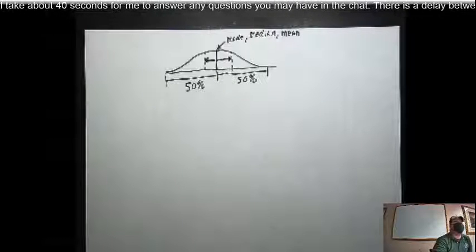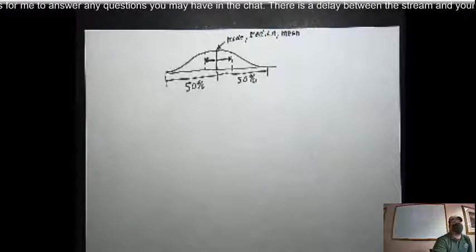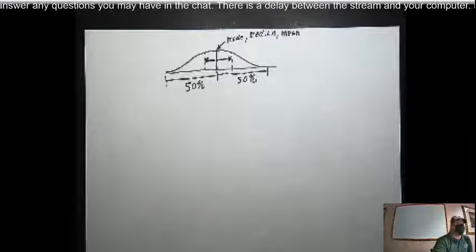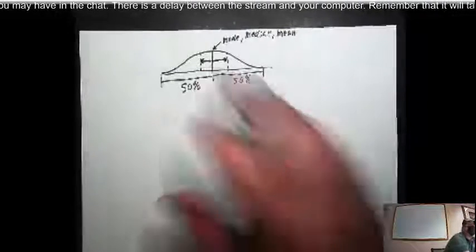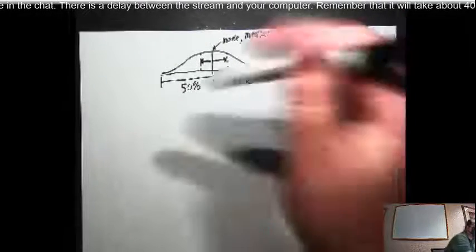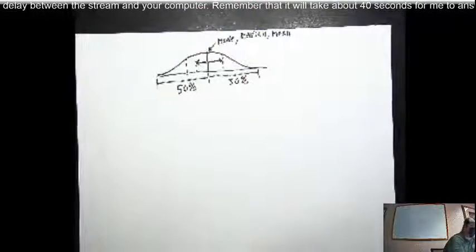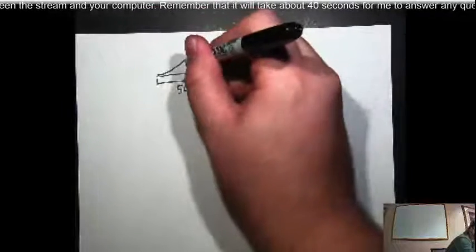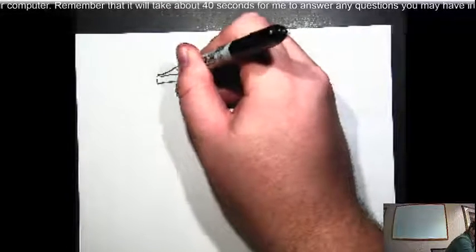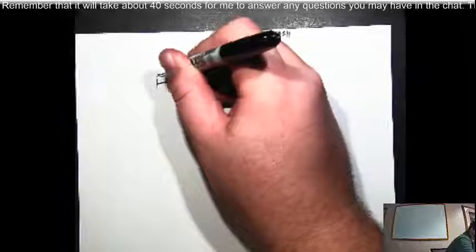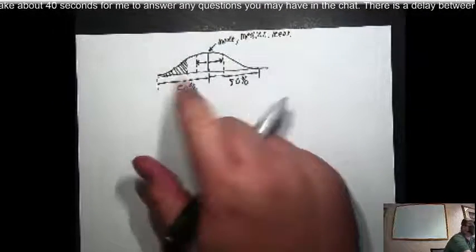Now that's great. It's nice to know where most of the data is. However, what if we want to know a specific location? What if instead of knowing where most of our data is, we want to know what data falls, well, maybe below a certain point? In other words, how much of our data is represented by this area?